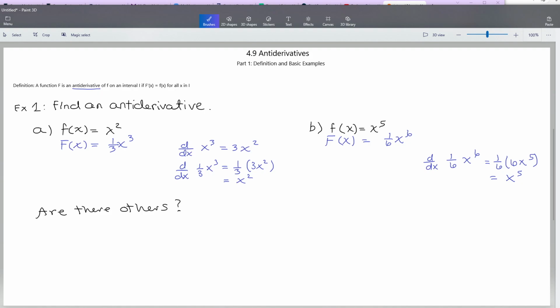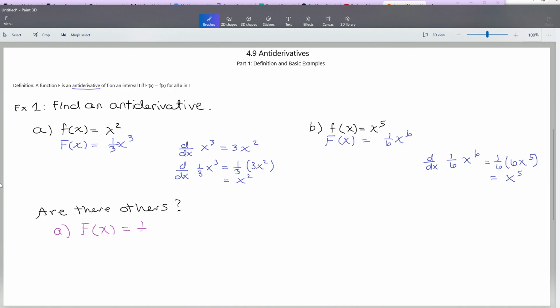Okay, so let's think about this, and I want you to take time and pause the video and think about if there's any other function that would have that same derivative. Okay, so now that you've thought about that, let me show you an example of what I mean.